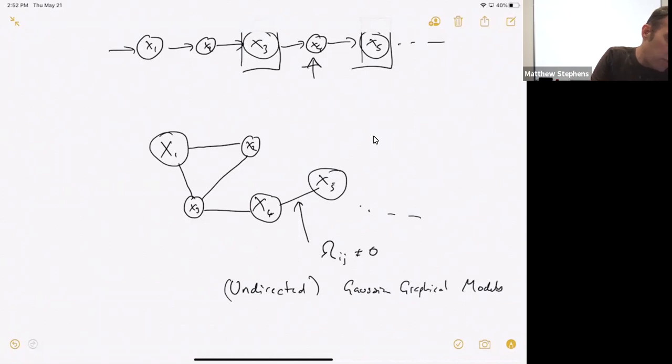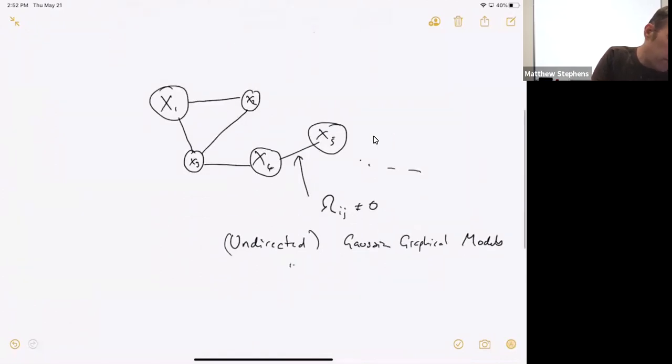An example of methods, if you're interested in reading more, would be the graphical lasso, which is like a graphical version of the lasso. Basically, it involves doing things like regressing x4 on all the other x's and seeing which coefficients are strong, let's say non-zero, and drawing an edge from x4 to those.